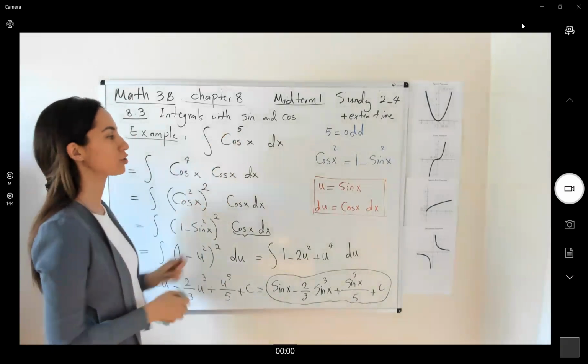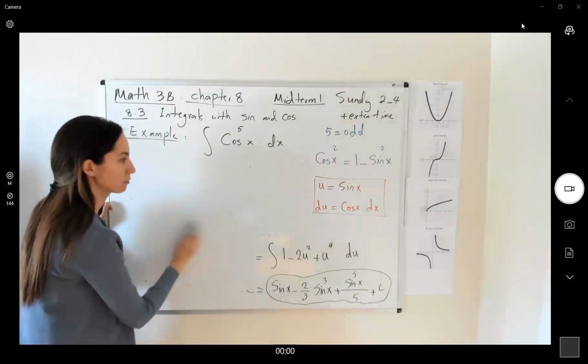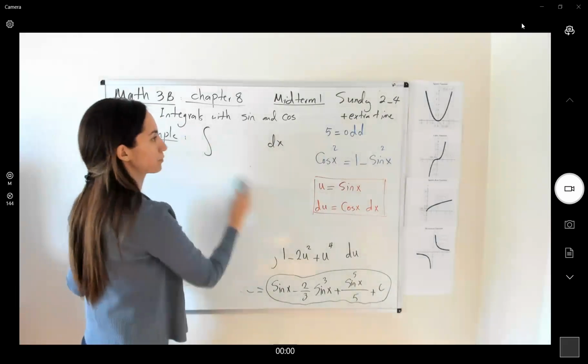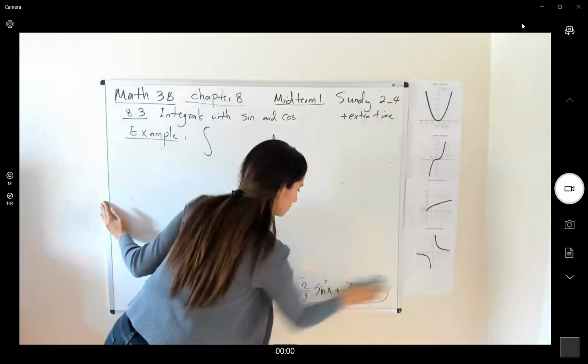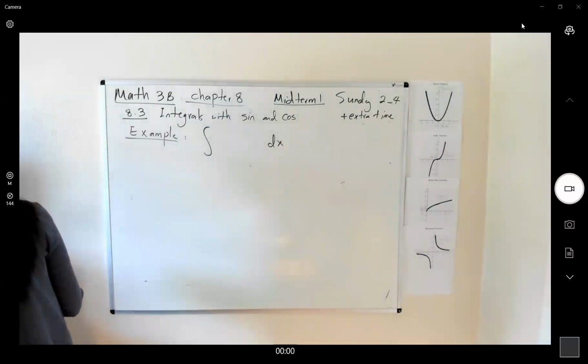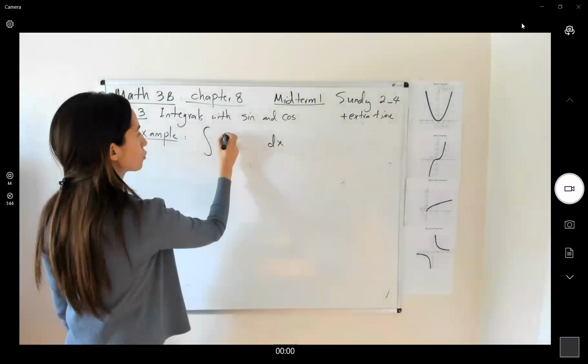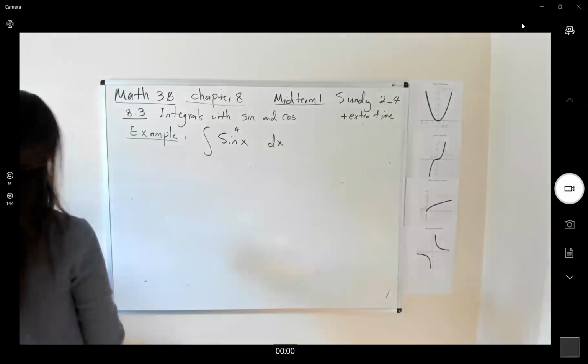Now, what if we have just an even exponent? Take a look at this. Suppose you have sine to the fourth of x.